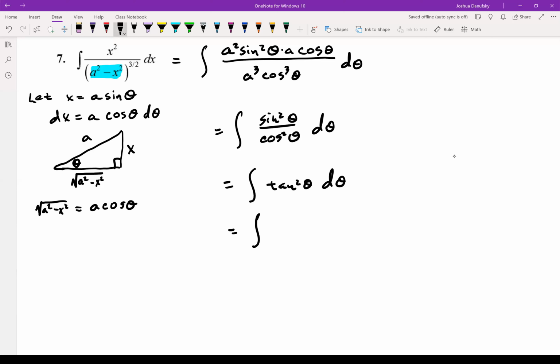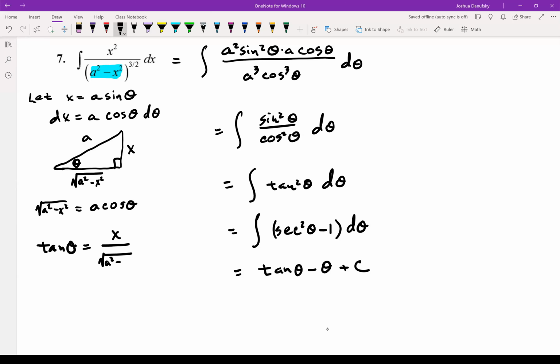Now we rewrite this using the appropriate Pythagorean identity. Tan squared is equal to secant squared minus 1. The antiderivative of secant squared is tangent. And then the antiderivative of 1 is theta, plus c. Now we have to rewrite this expression in terms of x's. So if we look back at our triangle, the tangent of theta is opposite over adjacent.